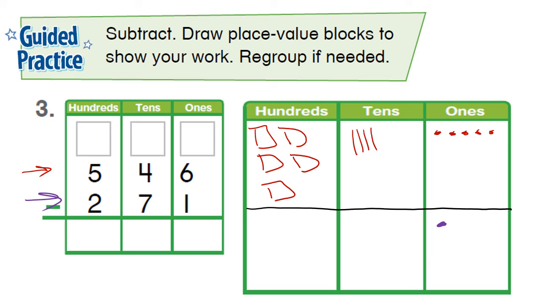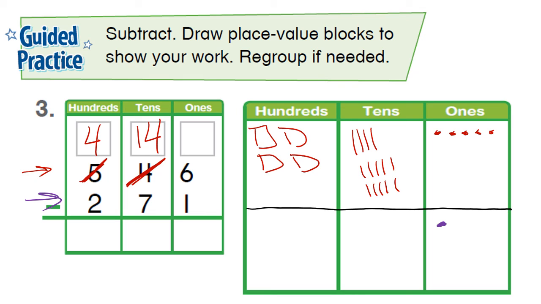So I'm going to take a flat and exchange it for 10 rods. So what did we just do? We started with 5 flats. Now we have 4. We started with 4 rods or 4 tens, 40. Now we have 14 rods or 140.